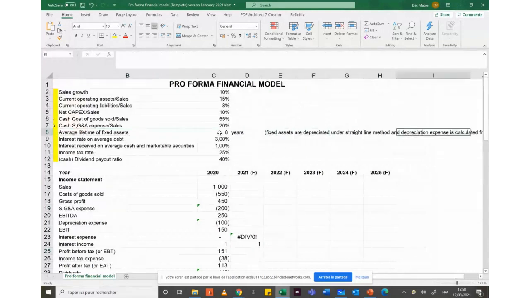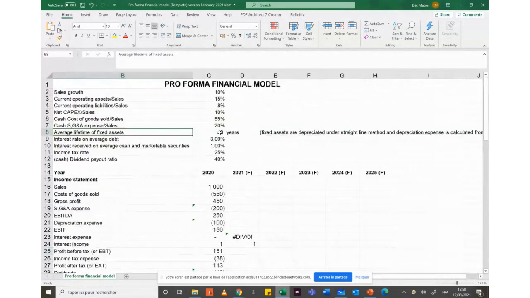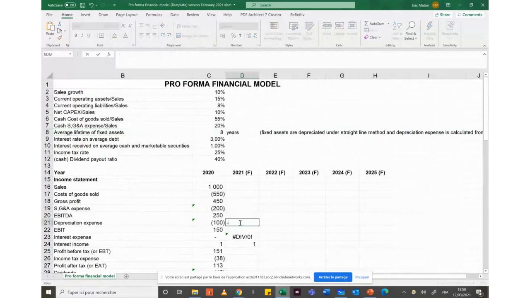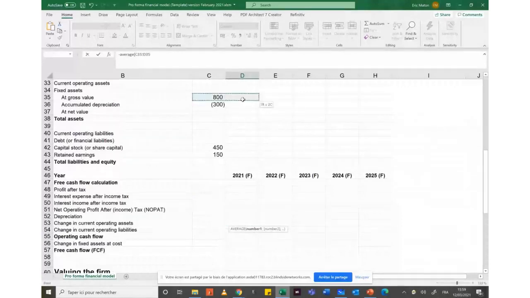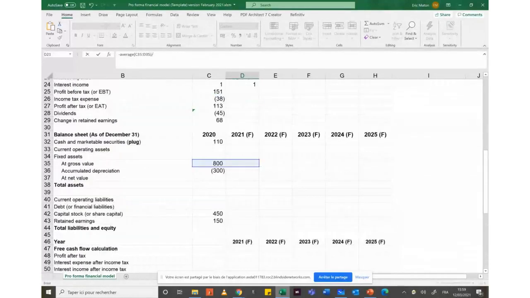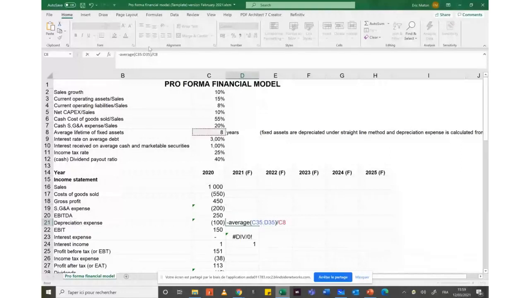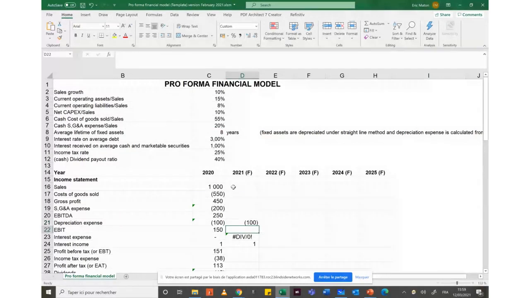For the rest here, it's in function of the average. So here, the depreciation expense is the average fixed asset at gross value divided by the average duration, lifetime. Okay. For the sales, it's multiplied by the growth rate.